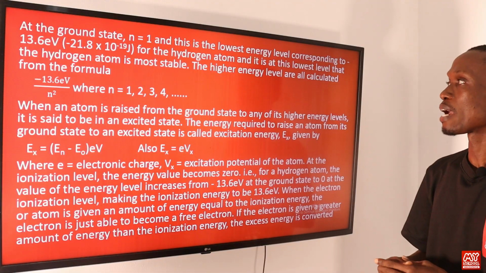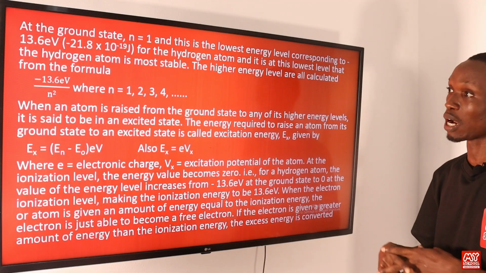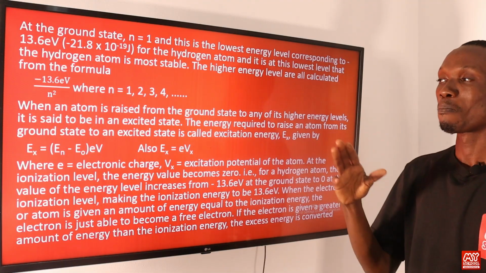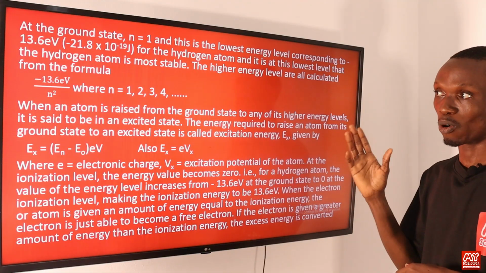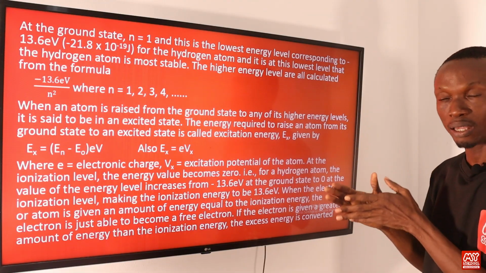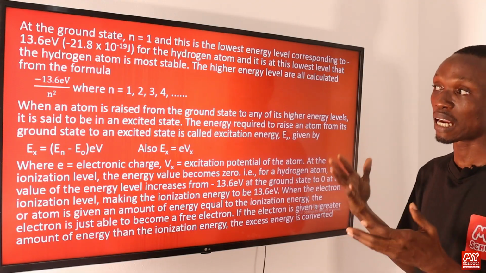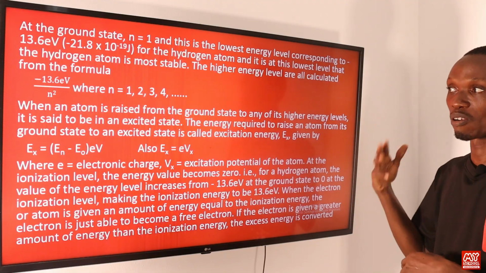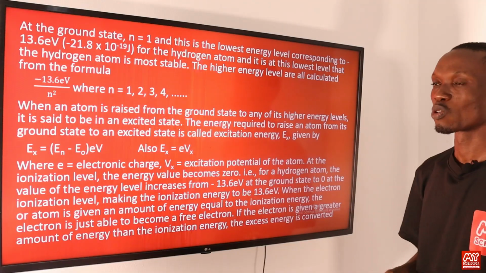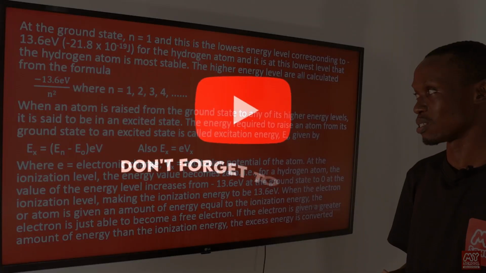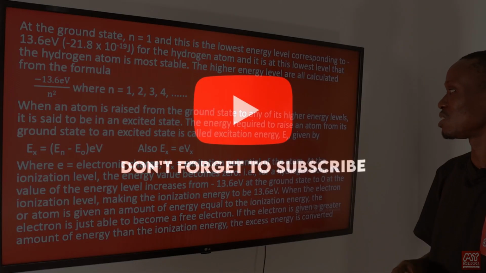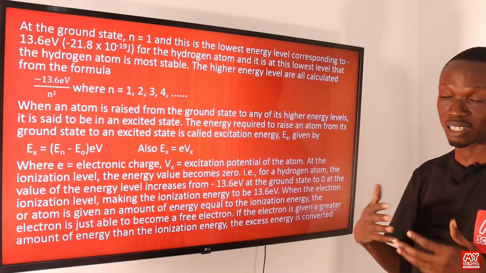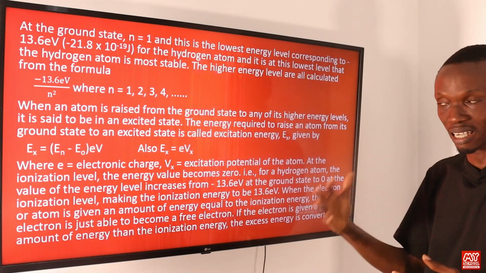The higher energy levels are calculated from the formula -13.6 eV over n squared, where n can be 1, 2, 3, 4, etc. When an atom is raised from the ground state to any of its higher energy levels, it is said to be in an excited state.